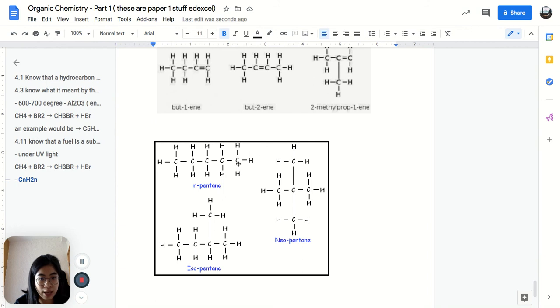You could change like CH3 and then you put it here, and if you need 2, then you put 1 here and then 1 down there. The name I would probably think is the hardest, but mostly it will just tell you to draw a display formula of the isomers. So you just basically change it up.